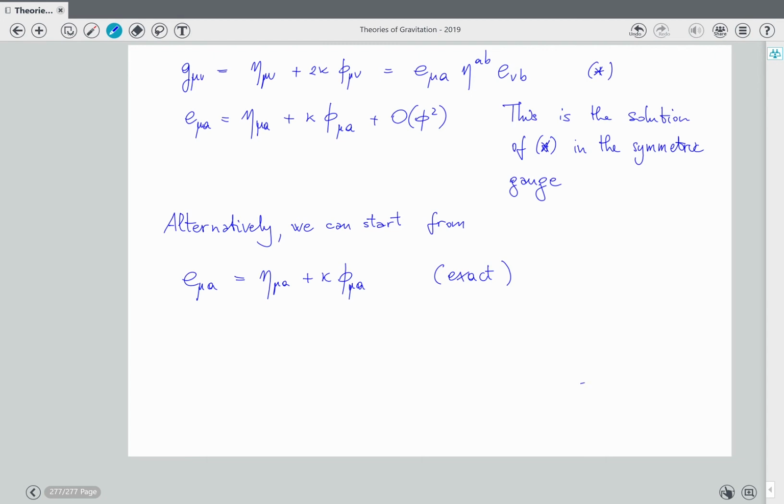So impose the symmetric gauge, which means that phi_mu^a should be equal to phi^a_mu, and then g_mu nu is what?